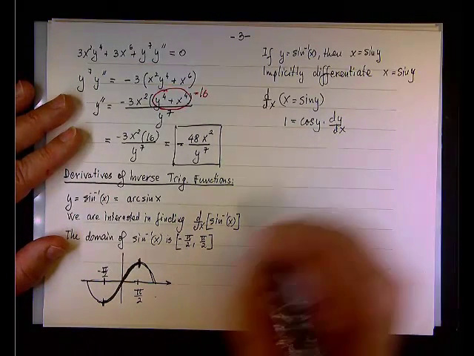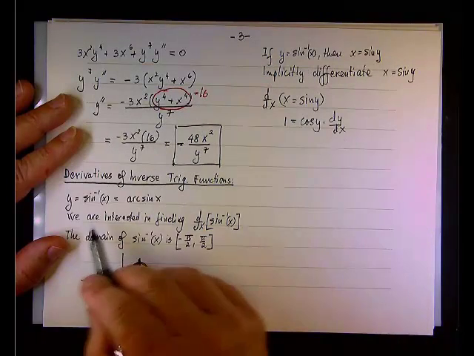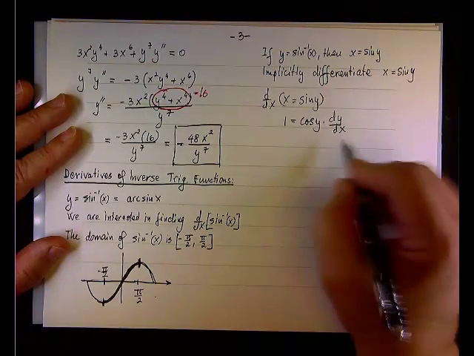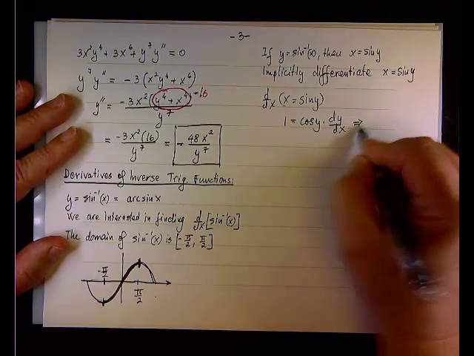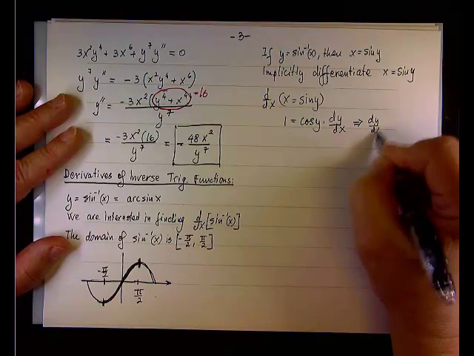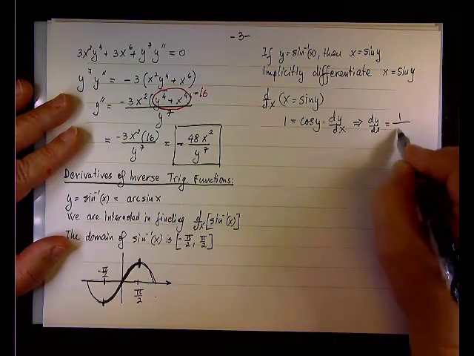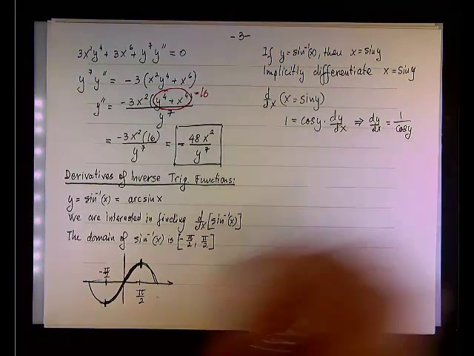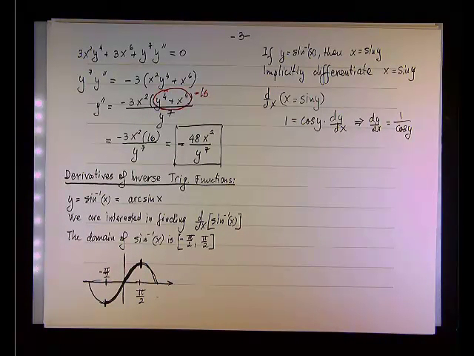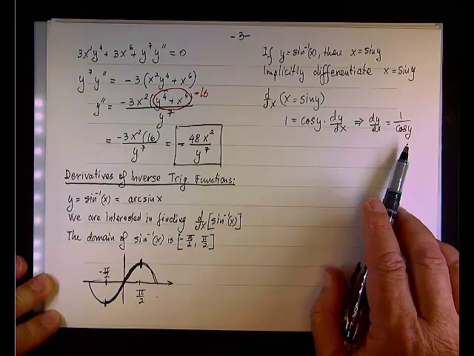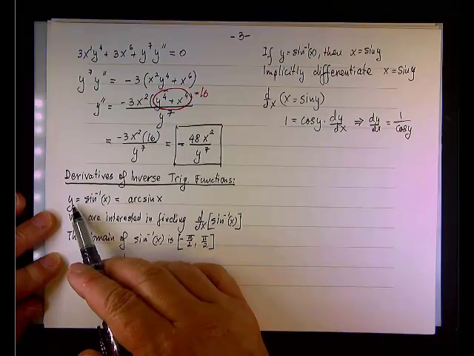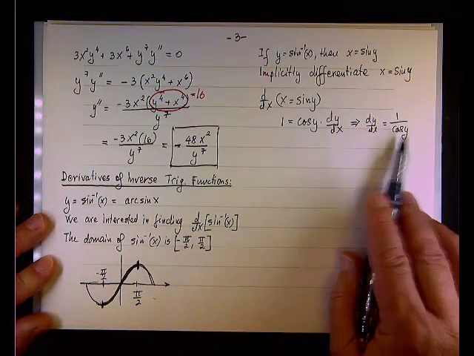We want y prime, the derivative of the function y equals the inverse sine of x. So essentially, from here we get dy dx equals 1 over cosine, or d dx of the inverse sine is 1 over the cosine. But at the end of the day, I need to express something in terms of x, right? Because I want to find dy dx.